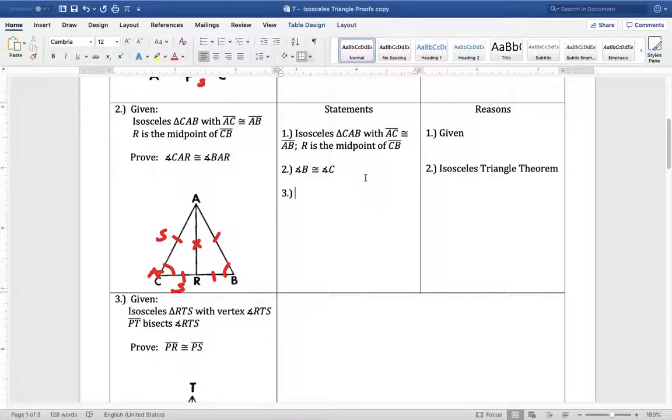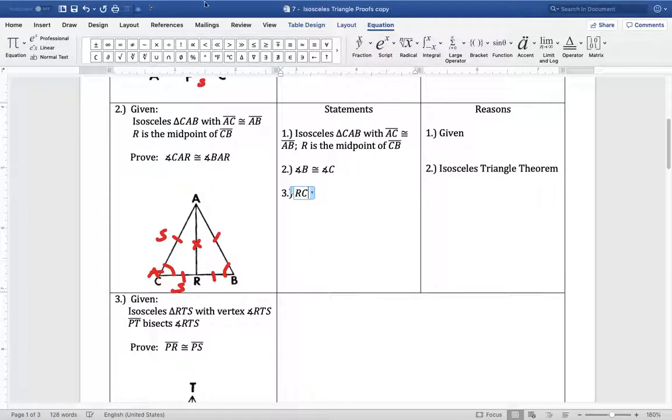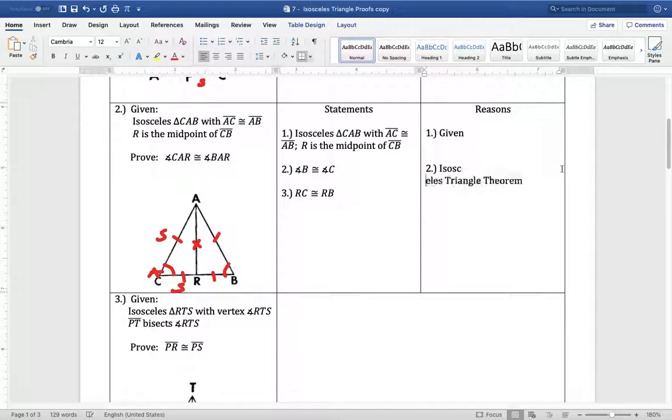And in step 3, we are going to use the midpoint. So R is the midpoint of CB. So I'm going to say that RC is congruent to RB. And the reason here is definition of midpoint.